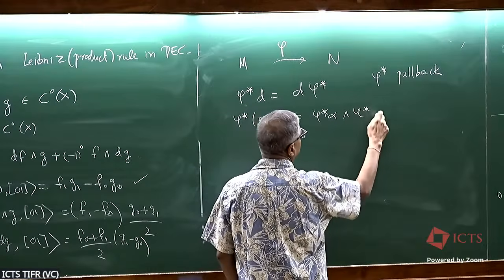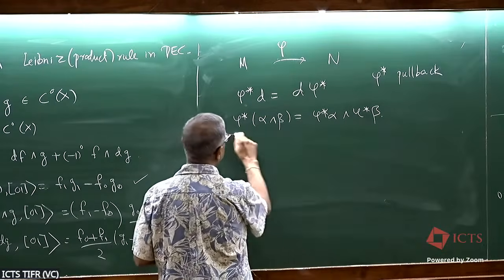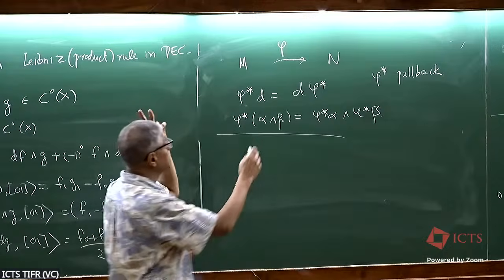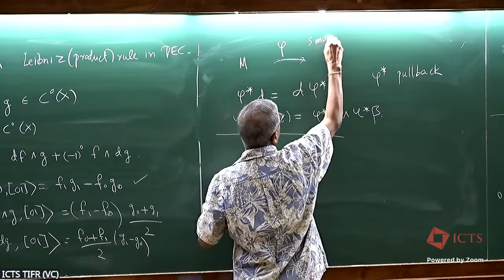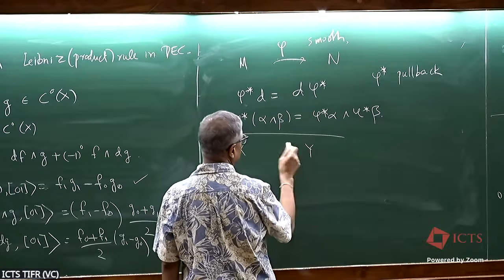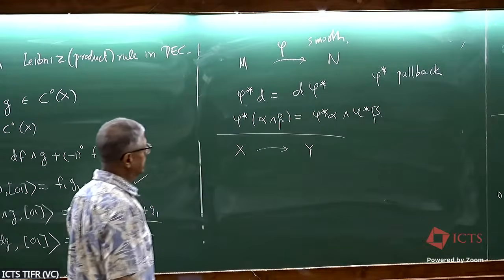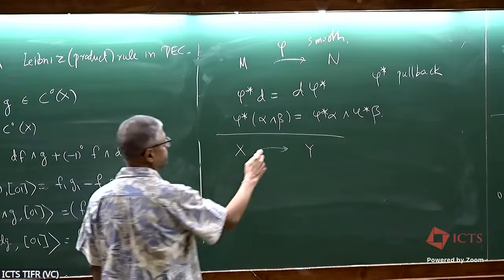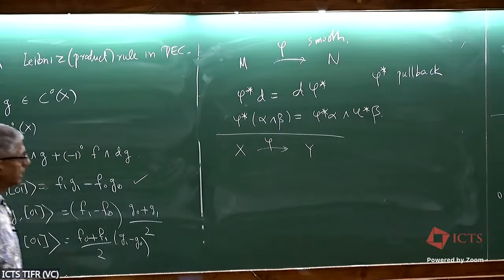So here phi was smooth for manifolds. Now we have simplicial complexes. What should we use to play the role of smooth maps?